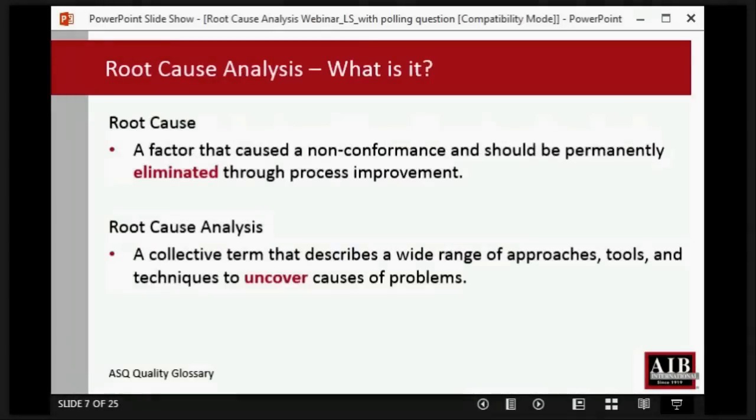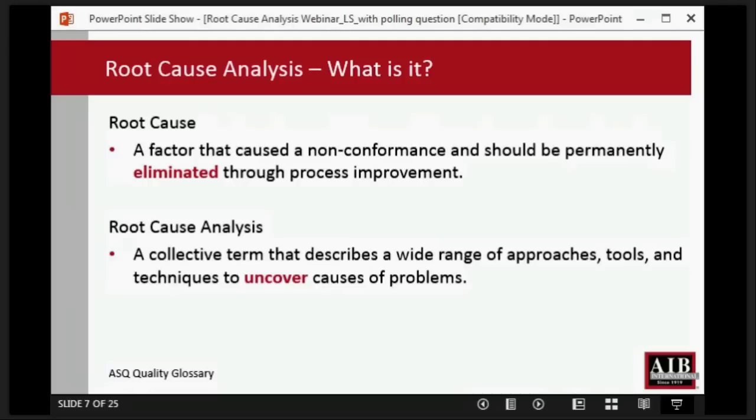Very good. So now we're getting down to what is root cause analysis. Root cause, and again, I'm using the American Society of Quality glossary here, a factor that caused a nonconformance and should be permanently eliminated through a process improvement. In other words, you're going to be doing something differently.